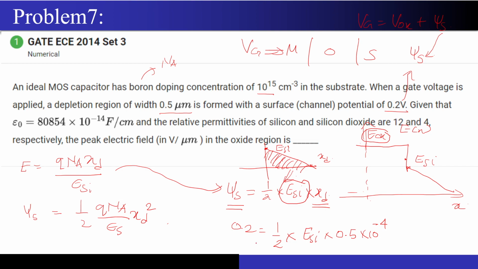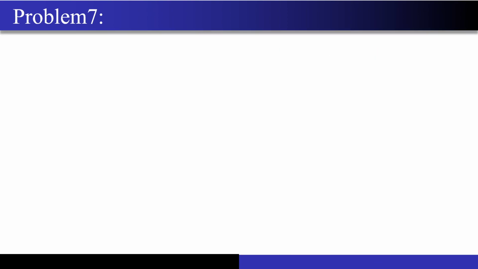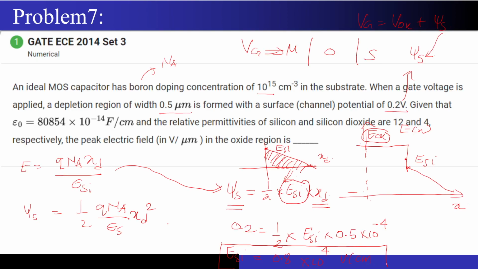This ESI value comes out to be around 0.8 into 10 to the power 4 volt per centimeter. This is the peak field in the silicon, the ESI.